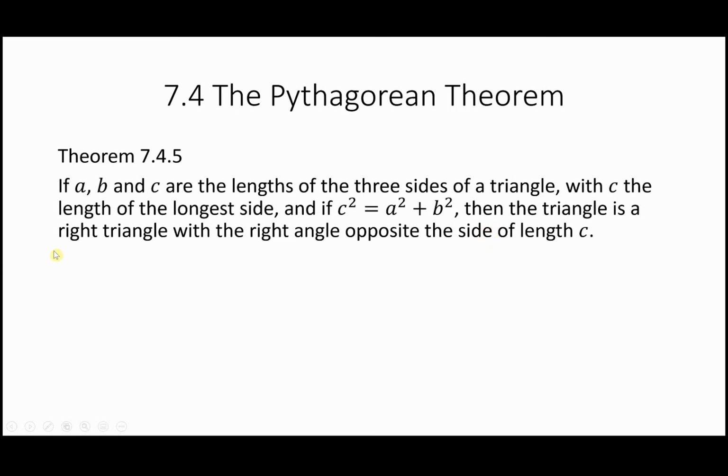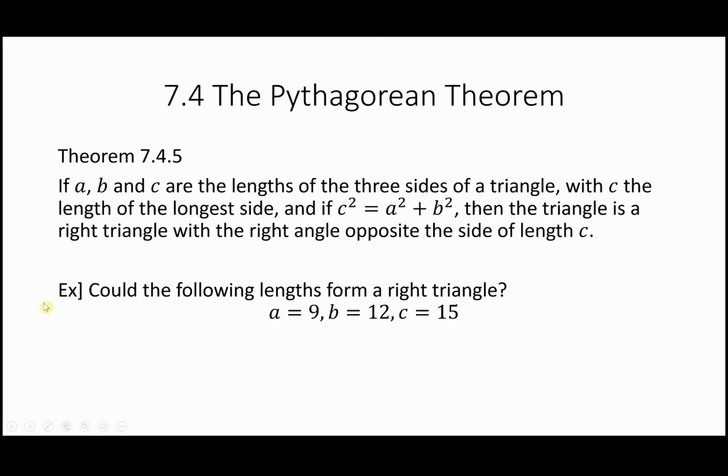So this is kind of like the converse of the Pythagorean theorem, which is to say that if you are given three lengths, and you plug them into the Pythagorean theorem and it satisfies the Pythagorean theorem, then you can say that these three lengths form a right triangle. And that's exactly what we're going to test here in this example.